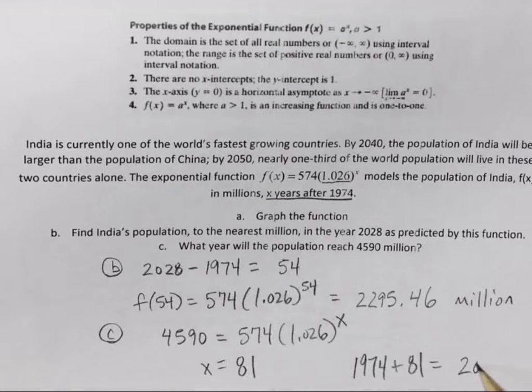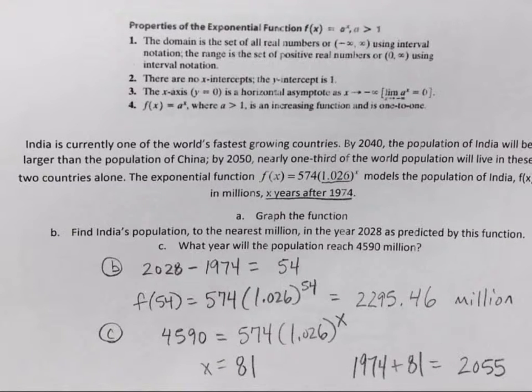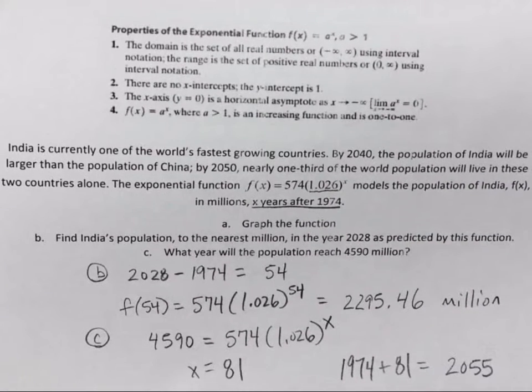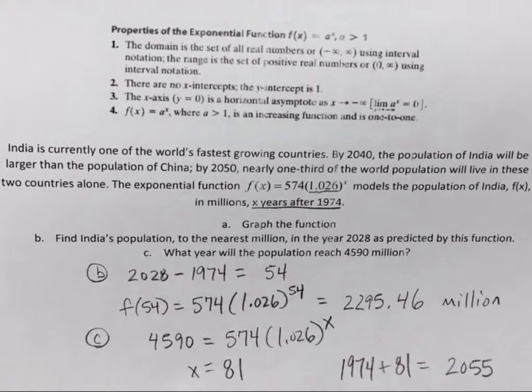And that should give me the year in which that will occur. And so in 2055, the population would be 4,590 million. All right, that's a lot of people. Okay, so that's an application of exponential growth.